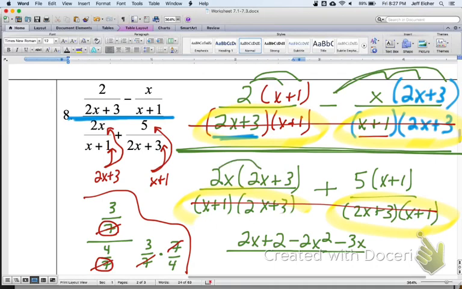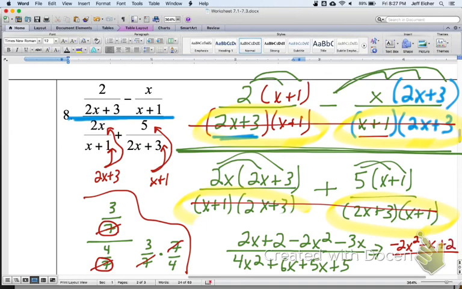And then we have 2x times 2x is 4x squared, and 2x times 3 is plus 6x, 5x, and a 5. And can I fit it onto the page? We would have a final answer of, adding like terms, negative 2x squared minus x plus 2, over 4x squared plus 11x plus 5.